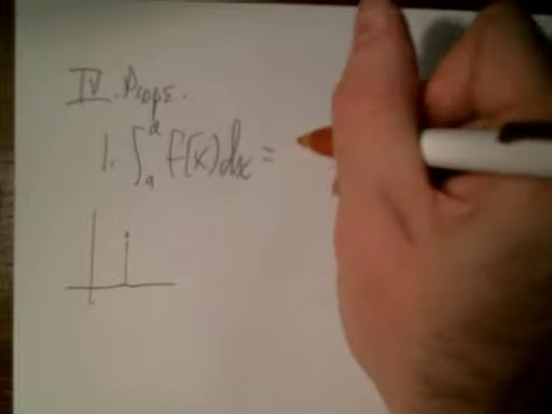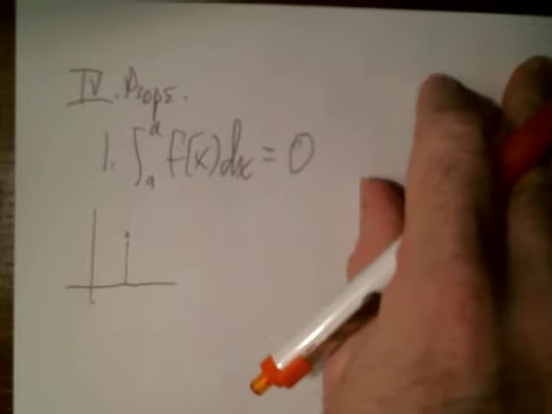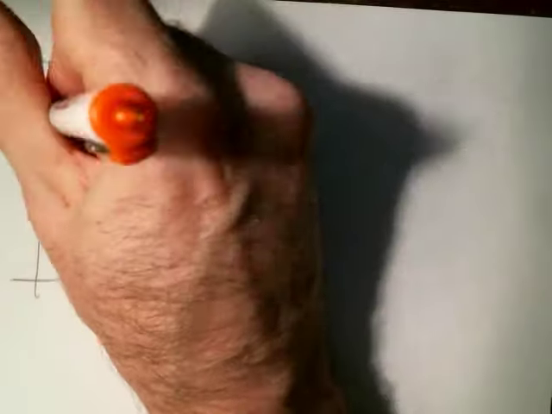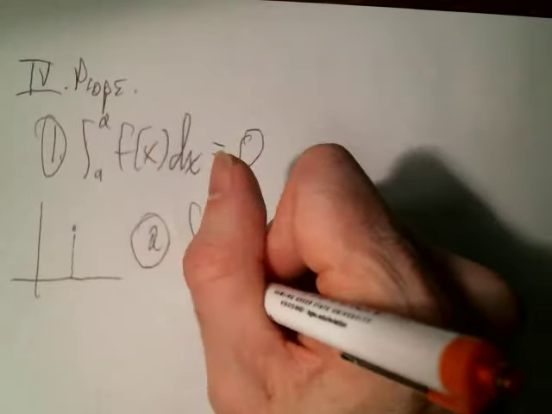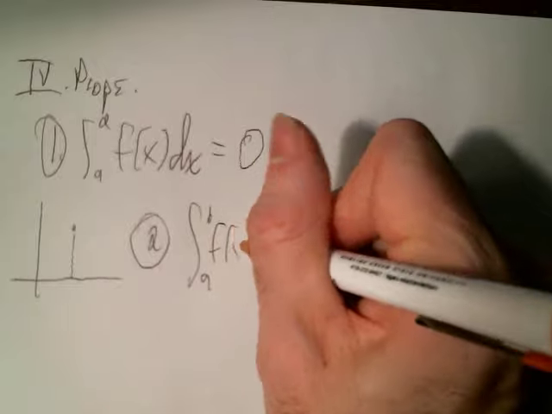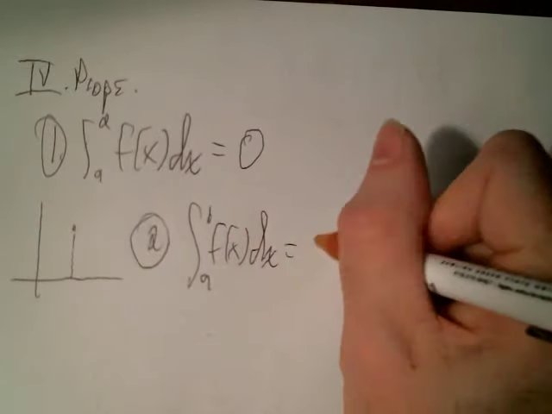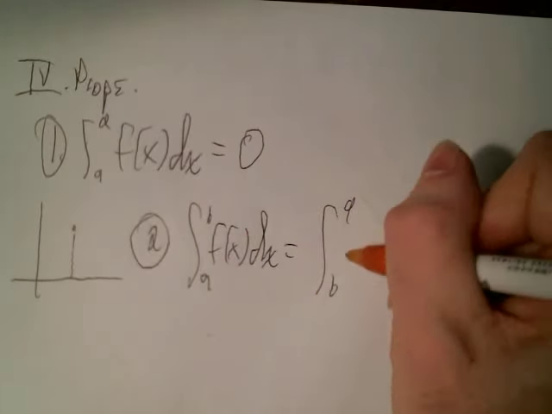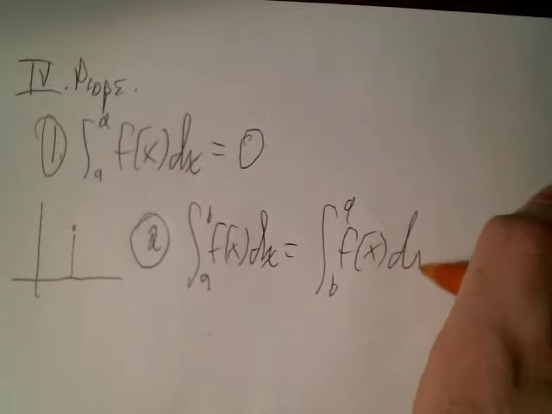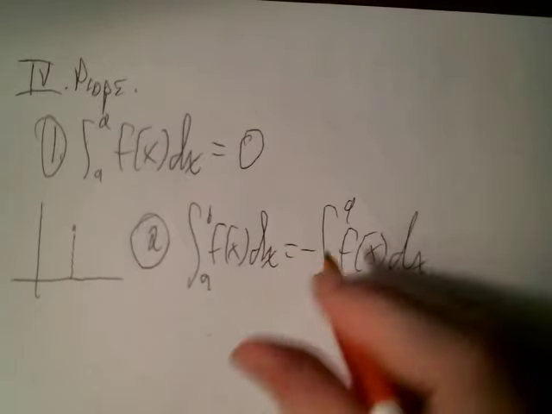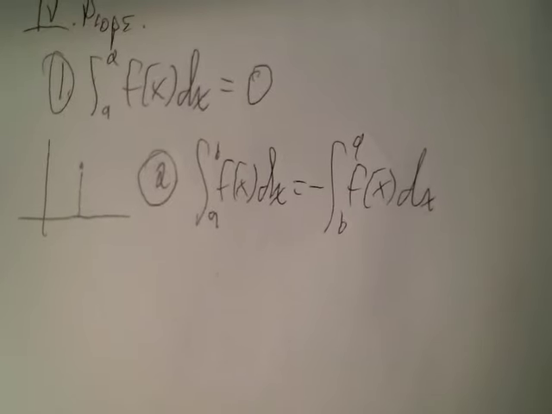And you could probably guess 0. Secondly, if you're integrating from a to b, and then somebody flips your integral upside down from b to a, what's the relationship between these two integrals? Well, this guy is just going to be the negative of this guy.